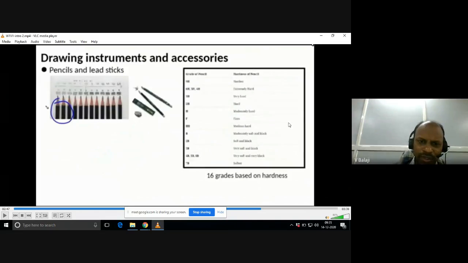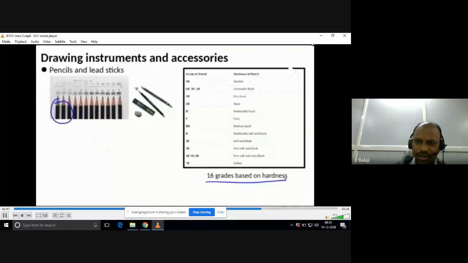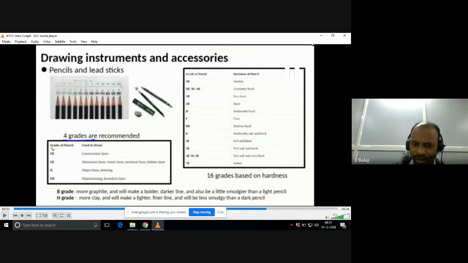Next come pencils. There are so many pencils, and so many grades, generally 16 grades based on hardness. There is a lead stick inside the pencil. That lead is manufactured of some material, something like graphite.